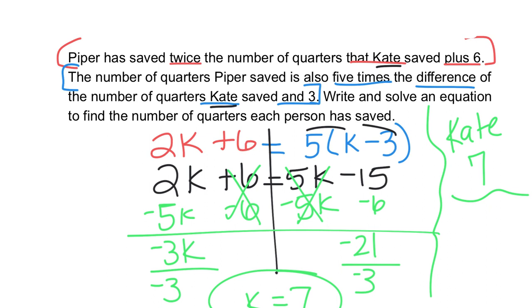So that tells me that Piper has 20 quarters. I also could have plugged it in on the other side and done 7 minus 3 and got 4. And 5 times 4 is 20. So either way works, but you've got to be able to come up with both if they ask you for how many both have.